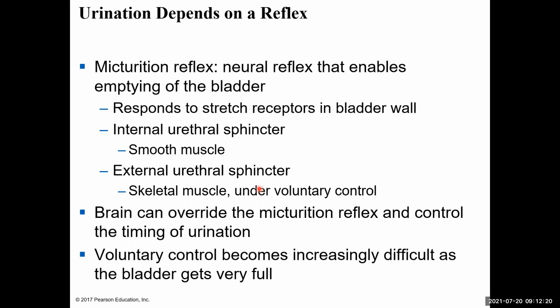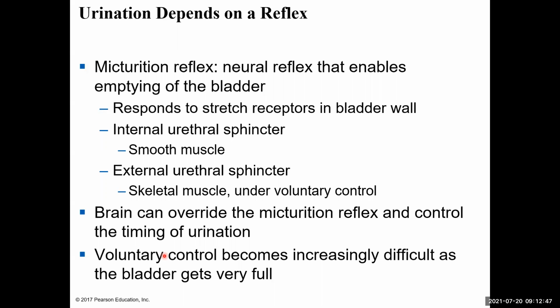Now you can feel the urge to urinate, and we can kind of control when that happens. However, the brain can override that reflex and control the timing of urination. And if you try to hold your urine and the bladder gets very full, the stretch receptors will increase.